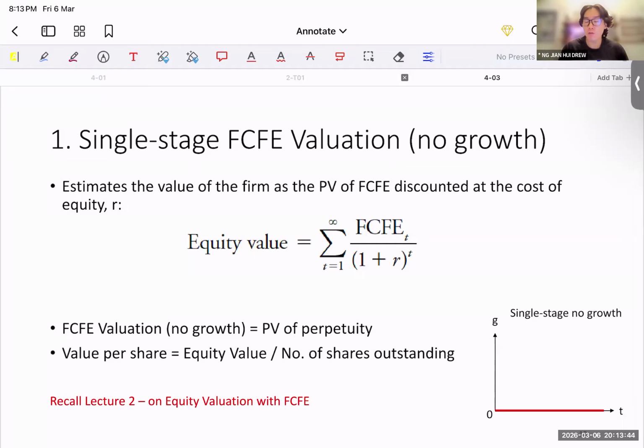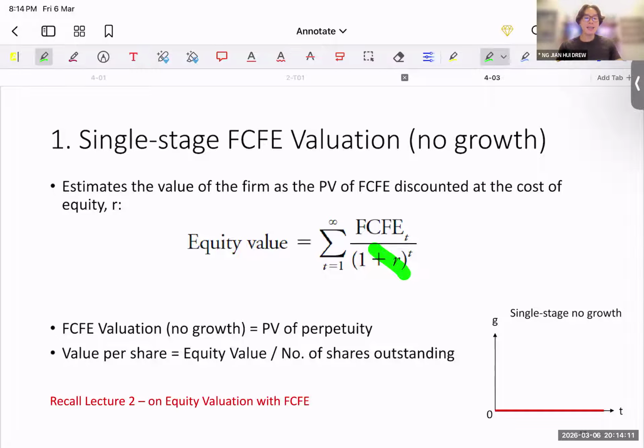We are going to look at the no growth, stable growth, and a simple two-stage. The only difference now is the numerator, where we're going to use the FCFE formula, and the denominator, where we're just going to change the WACC to our cost of capital, the return on equity or cost of equity.